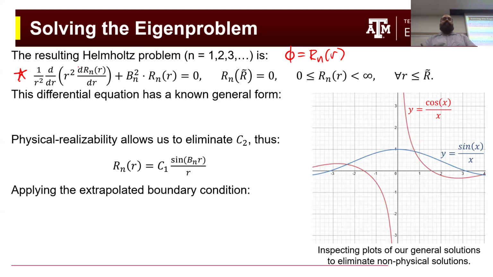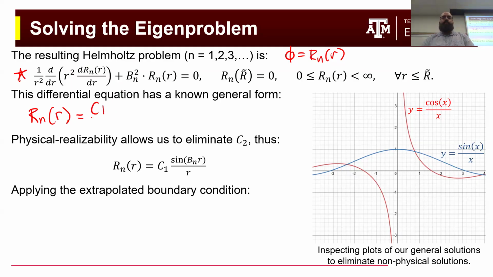So in this case, if I have a differential equation of this form, then the known solution for my Rn, sorry, this is just R, is going to look like a sum of sines and cosines, but because it's spherical coordinates, I get a 1 over r in the denominator.